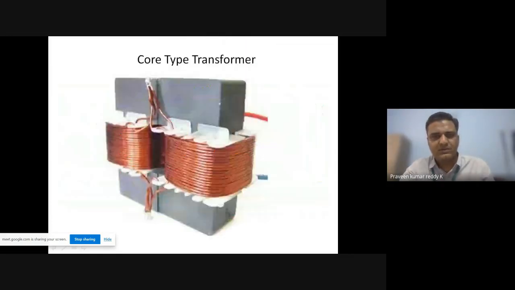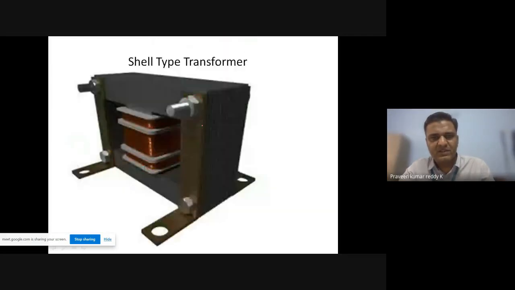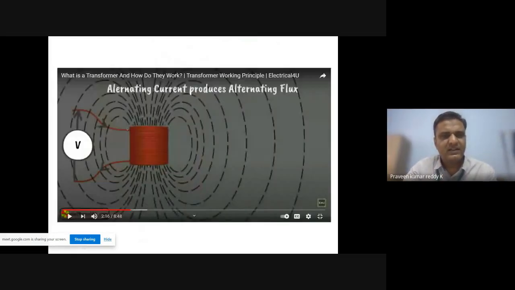Now, physically, one thing we have to see here, as I told you in this picture, when the current passes, this flux will be generated all around this primary coil. Generally the physics says that this flux will be dense near the winding.